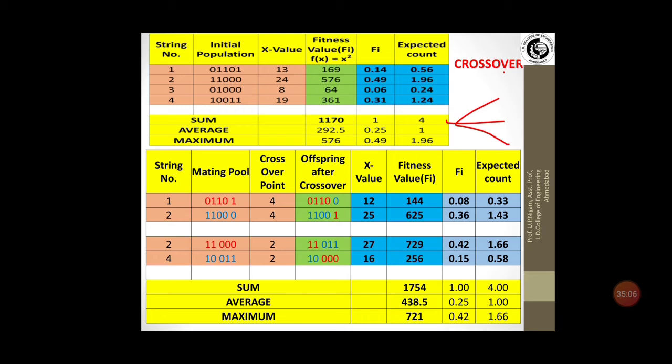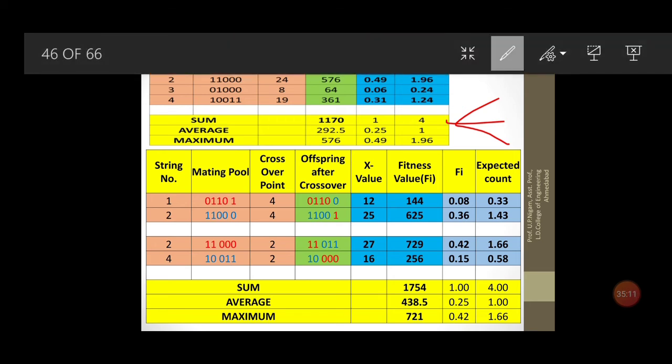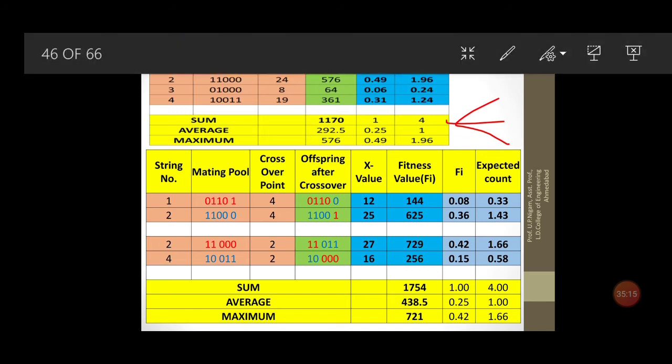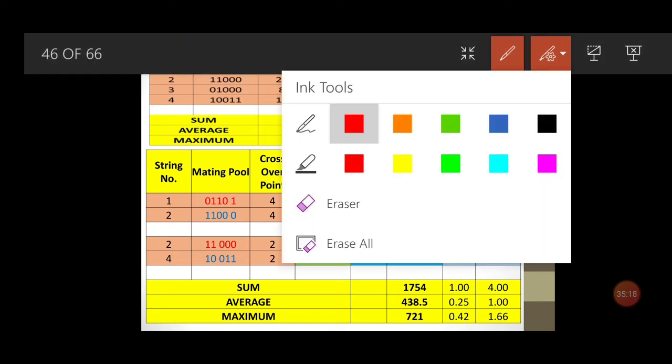Here you can see the string number, mating pool, and crossover point.